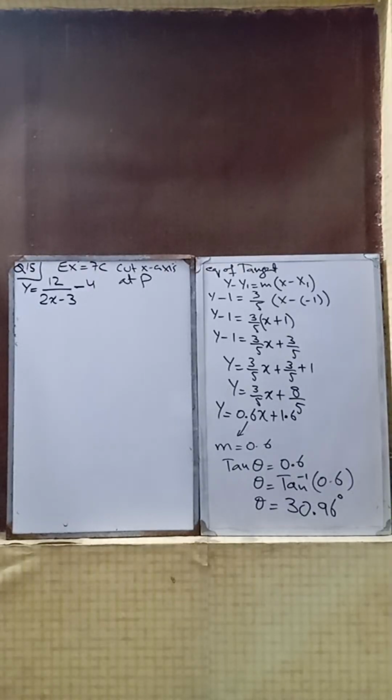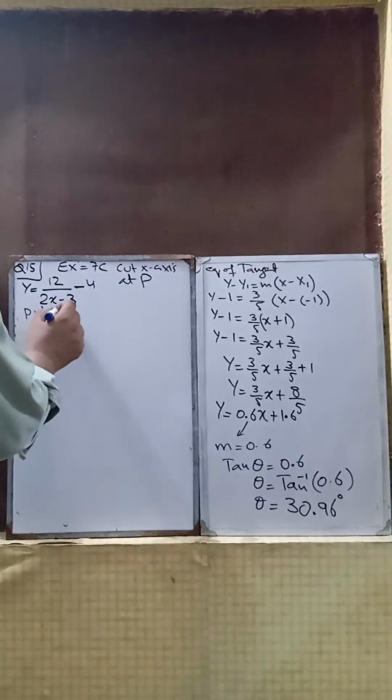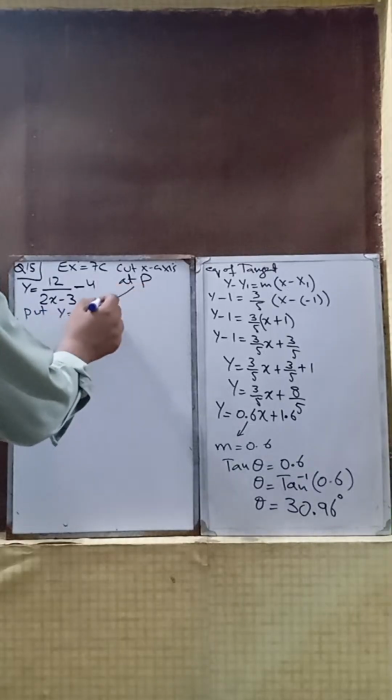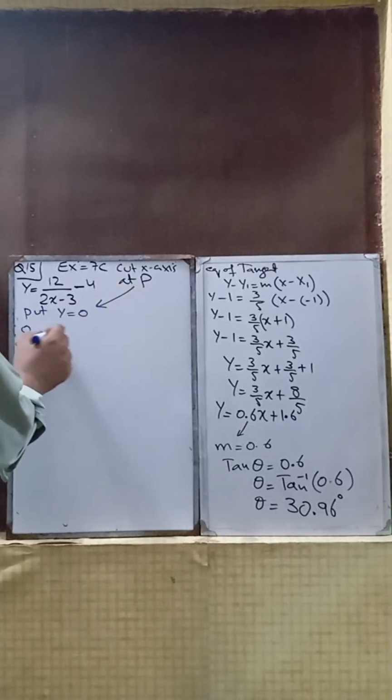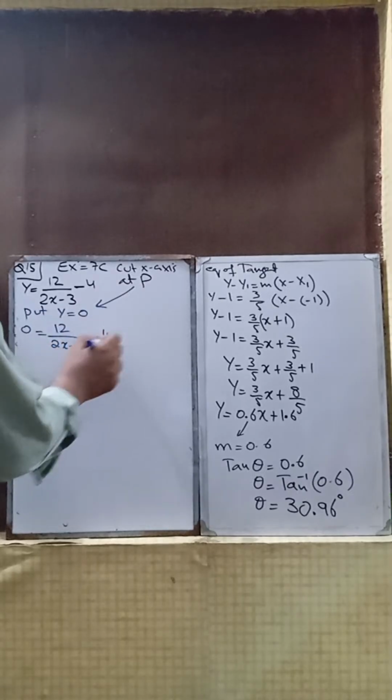Okay, so first of all, when any curve or a line cuts the x-axis, y is 0. So in this equation, put y equal to 0. So 0 equals 12 divided by 2x minus 3, minus 4.